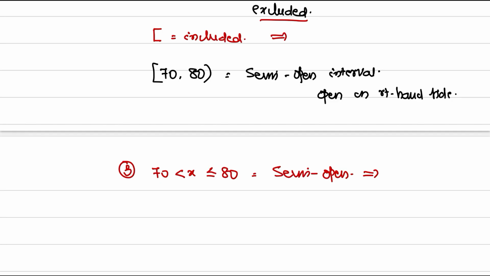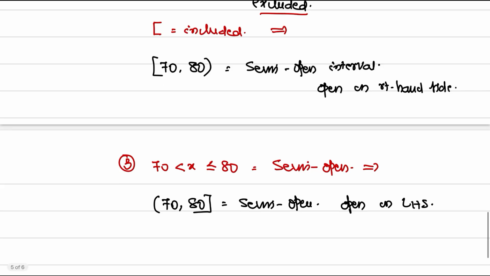This can be represented by 70 and 80. It is semi-open. Open on the left hand side. LHS is left hand side, RHS is right hand side.